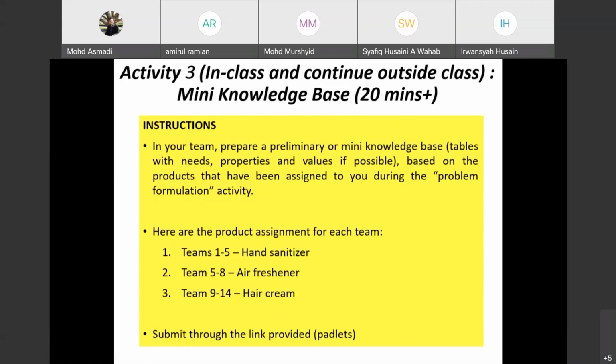Okay, dekat sini ada 3: hand sanitizer, air freshener and hair cream. Awak kena identify dia punya needs, properties and also constraint.